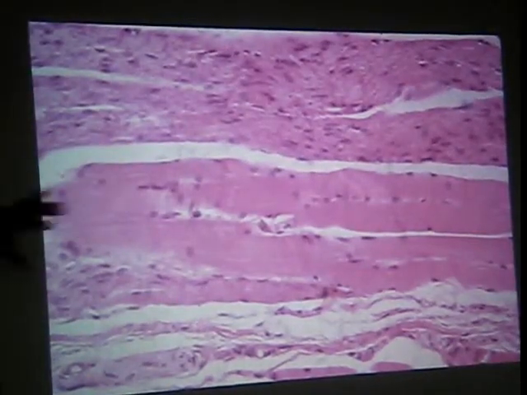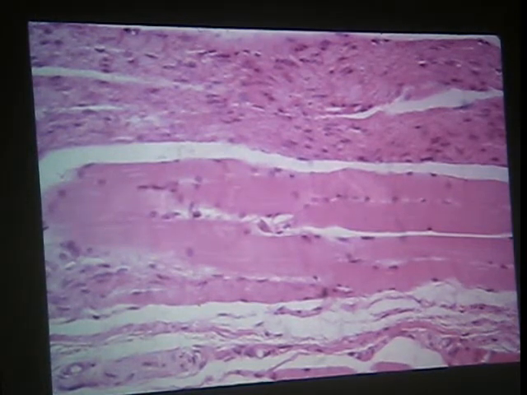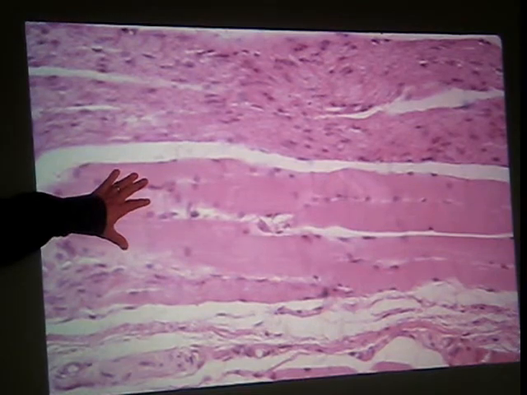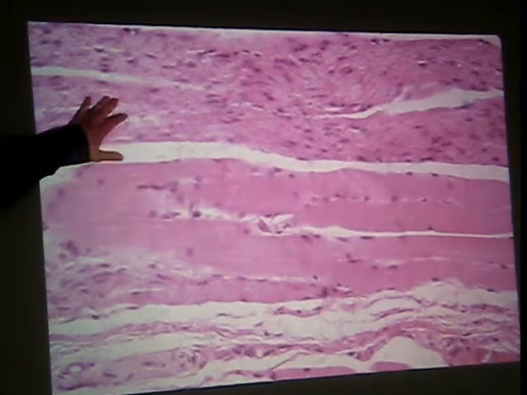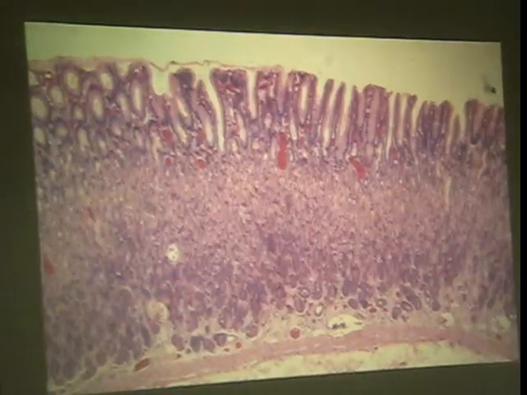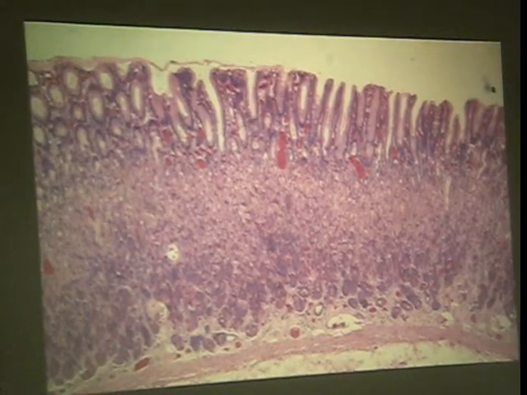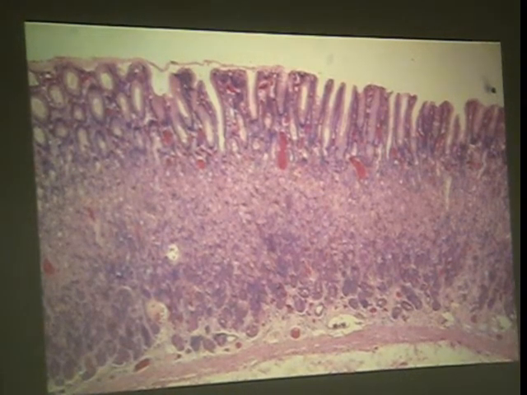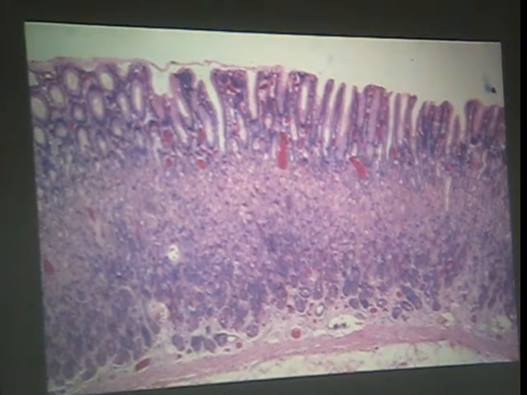And here is a high-power shot of mid esophagus, where we've got both visceral, striated, and smooth muscle. What are we looking at here? And what region of the stomach?